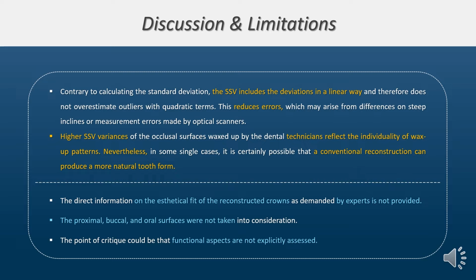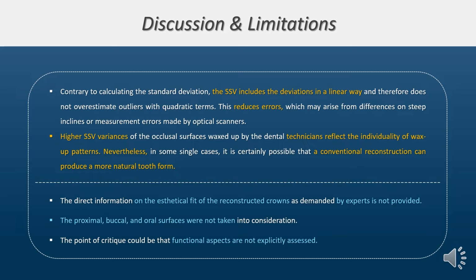Higher SSV variances of the occlusal surface, waxed up by the dental technicians, reflect the individuality of the wax-up. However, in some single cases, a conventional reconstruction can produce a more natural tooth form.